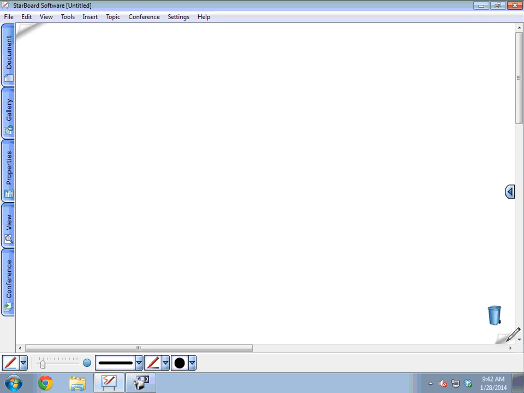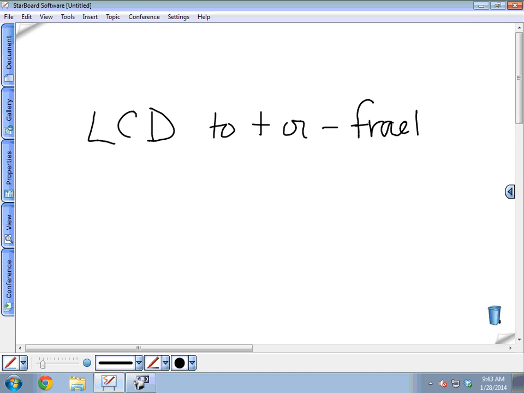You have to have an LCD to add or subtract fractions. Once you have that LCD, you just change them all into that fraction and then add or subtract. What you're forgetting to do is when you subtract, and I'll tell you why.